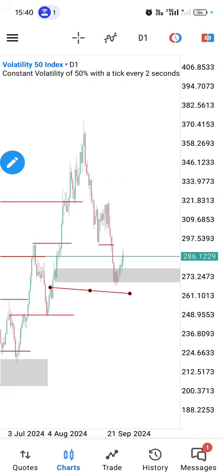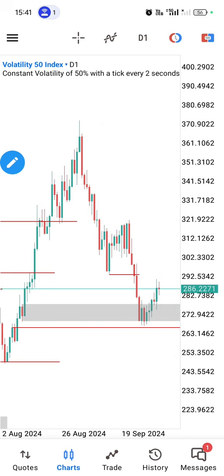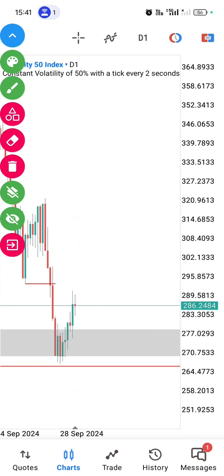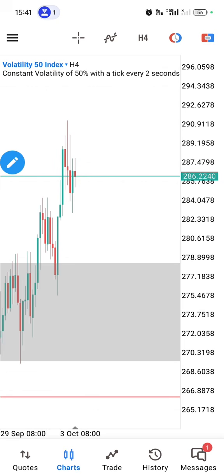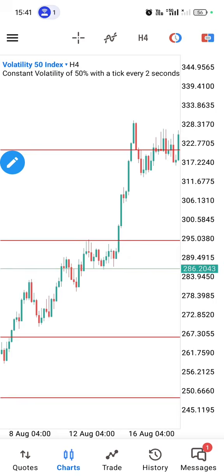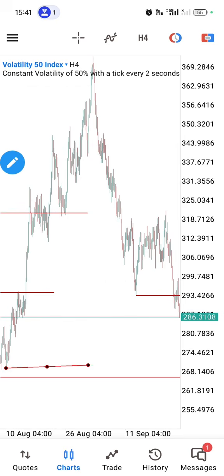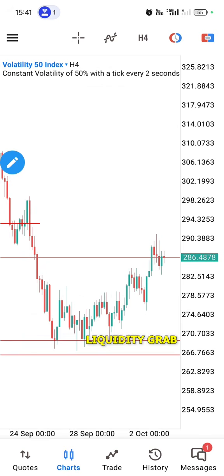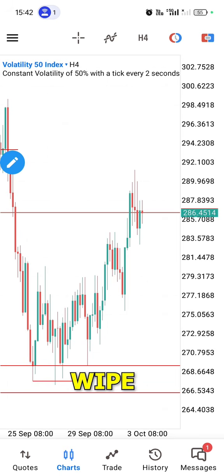It went down onto our second daily order block, but it did not hit the body of the second daily order block. But what I was thinking right now is it has to reach down to the second daily order block and then continue moving up, but that wasn't quite the case because it wiped. So if I stretch this trend line out, you can see it gave us a liquidity grab below the first daily OB or that low, then it gave us a wipe.